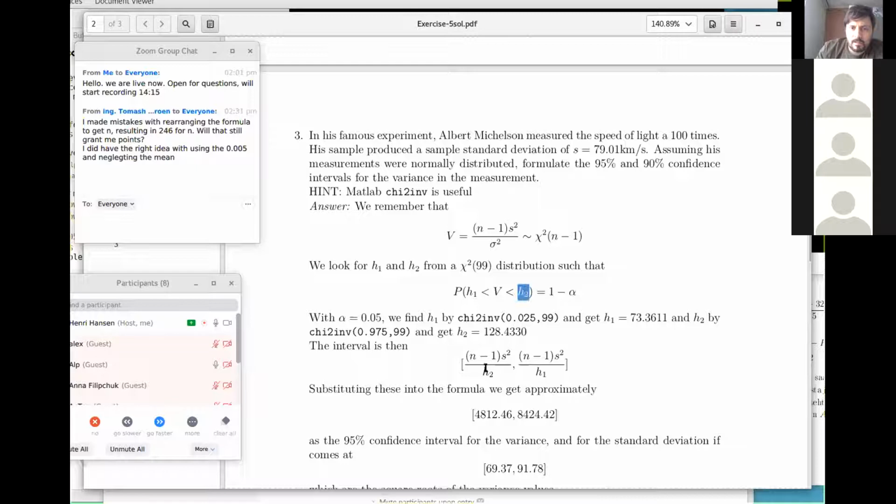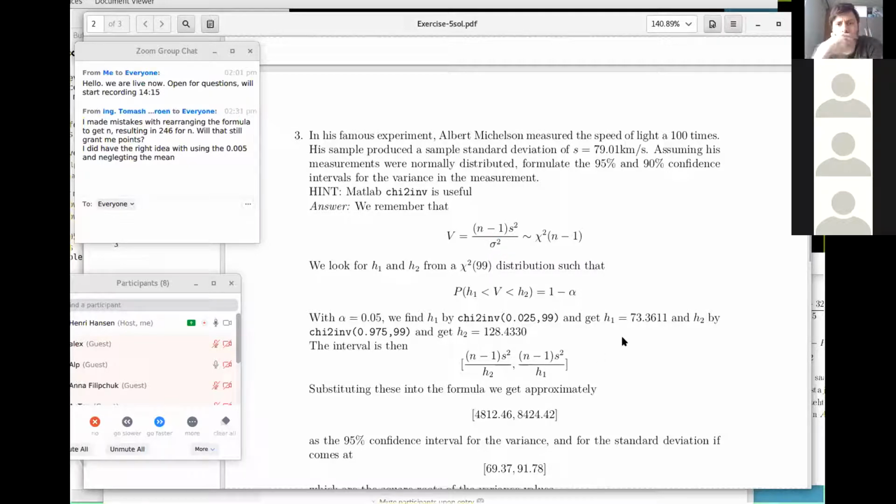Notice how the upper limit is here as a divisor because it's the larger value. n minus 1 times s squared over h1, where it's the lower value. So this leaves sigma squared between these two values.